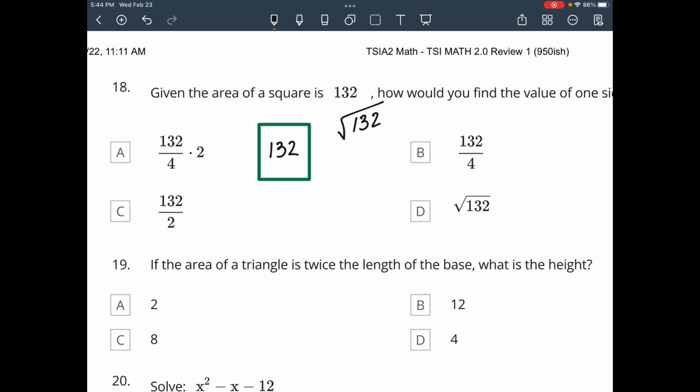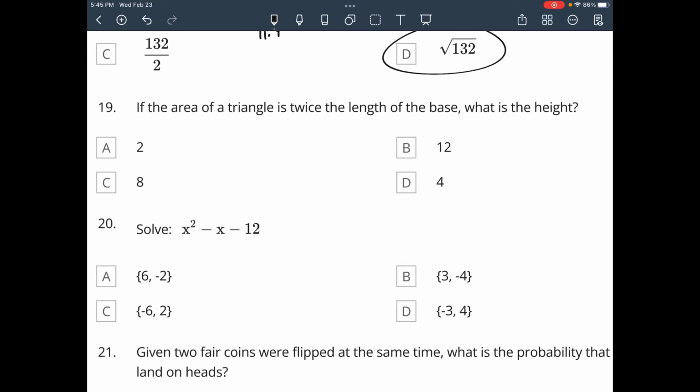The area is already 132, so you take the square root. This one's not going to be a very pretty one, I just want to know how you do it. You take the square root of 132, which gives you a decimal, 11.4. So each of these sides is 11.4. How did we do that? We just took the square root.